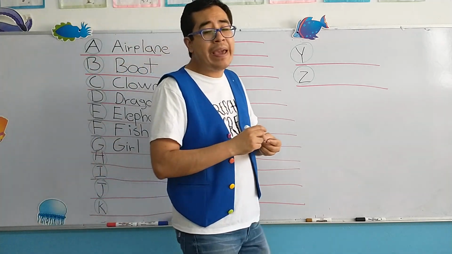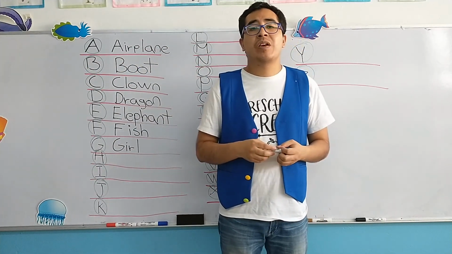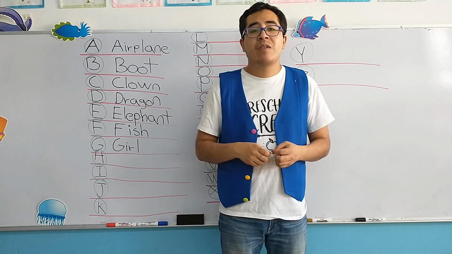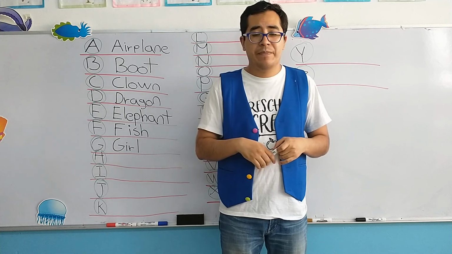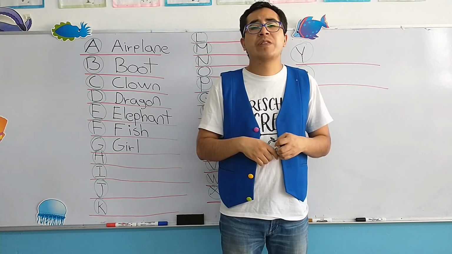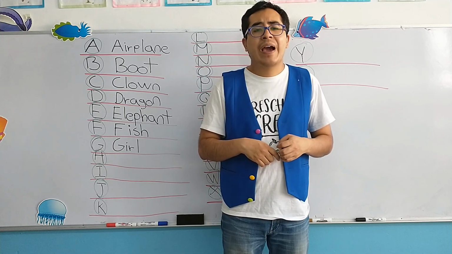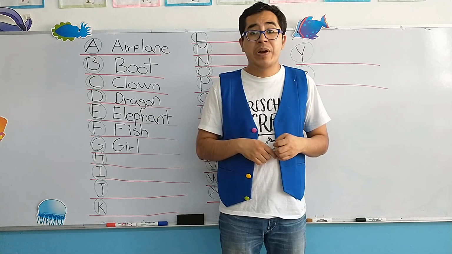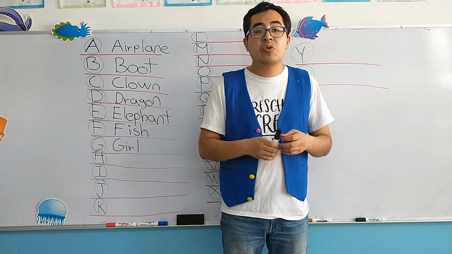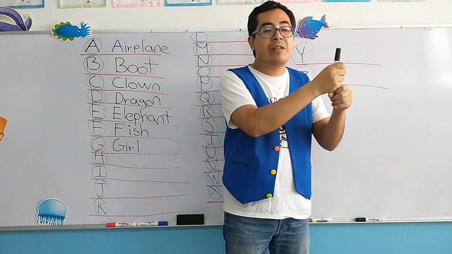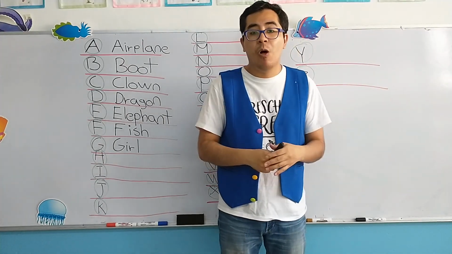For capital H, we had several objects, okay? For example, hot dog, hammer, okay? For this, we are going to use hammer. Now, remember, hammer, it's an object that we use to nail something on the wall, okay?